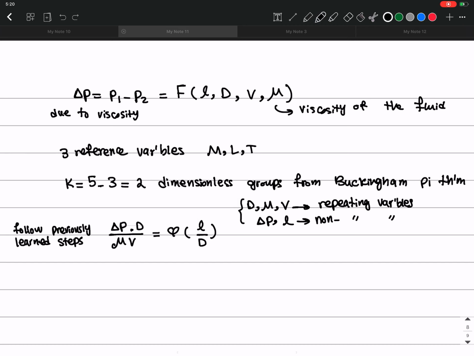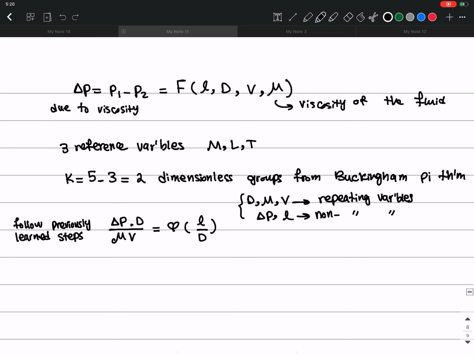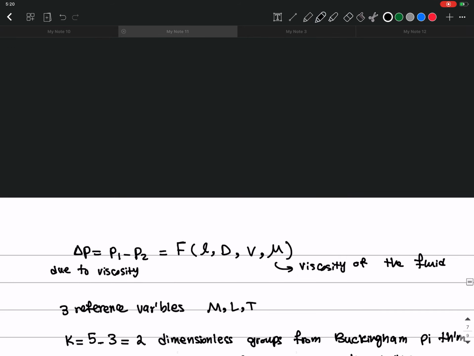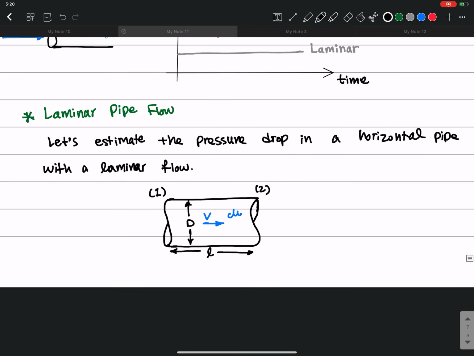And then we make another assumption for pressure drop. Okay, so a second assumption. A second assumption is that, as you imagine, it's completely something you expect, that the pressure drop here should be proportional to the pipe length, right?